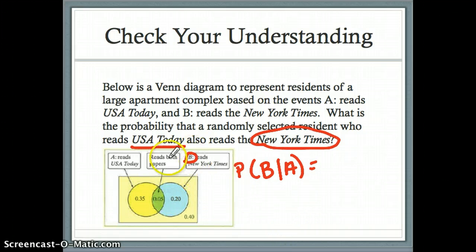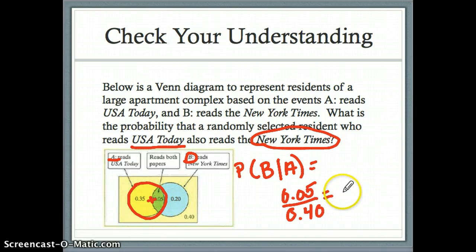Given that A already happened would be this circle here, so it's everybody that reads USA Today, which would be 0.40. Add these two together. And the probability that they also read the New York Times, that's that overlap there, so that's the 0.05.